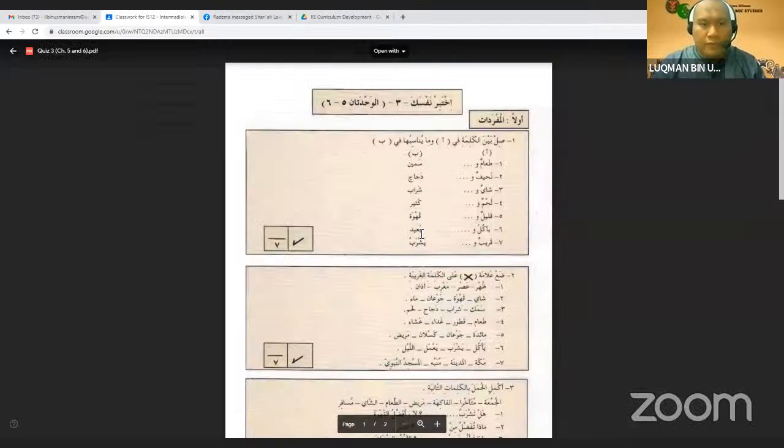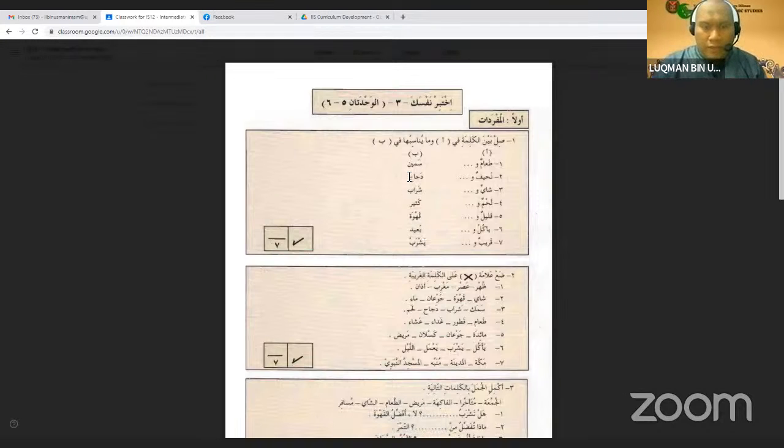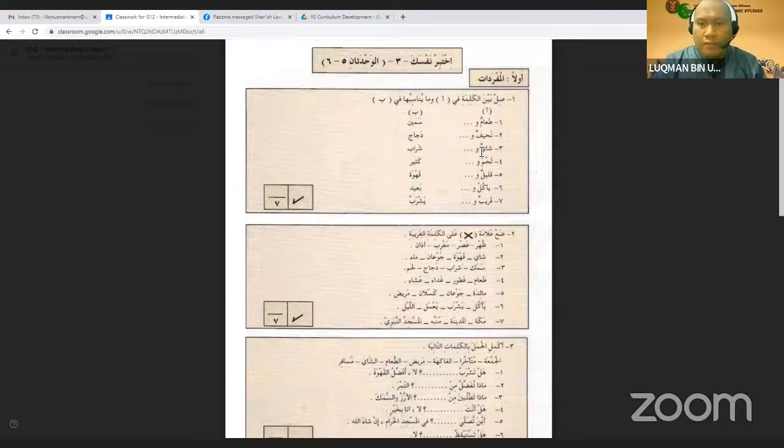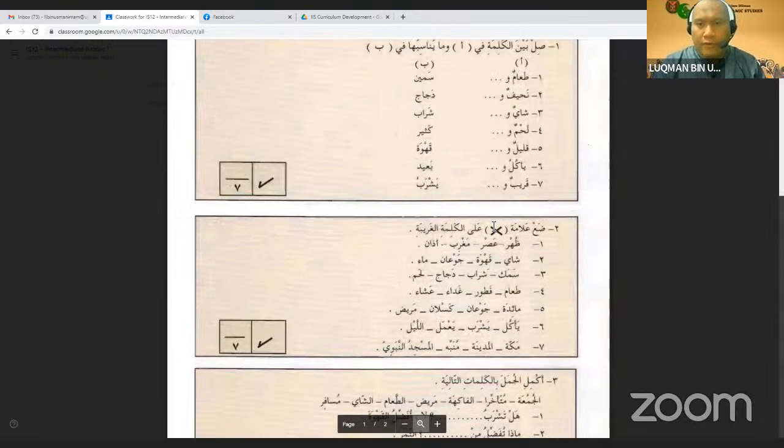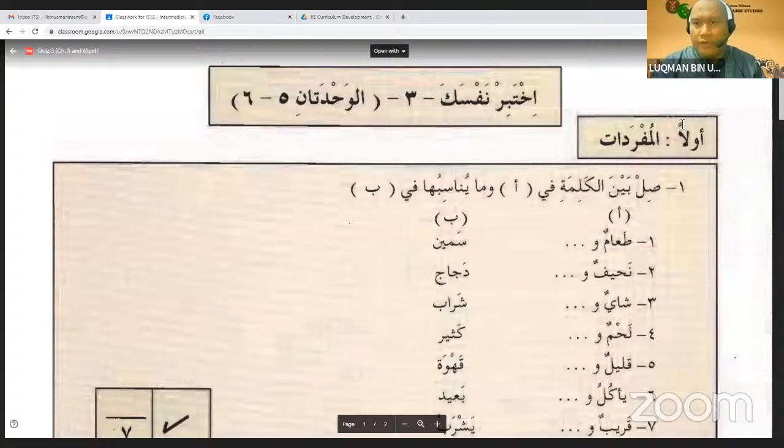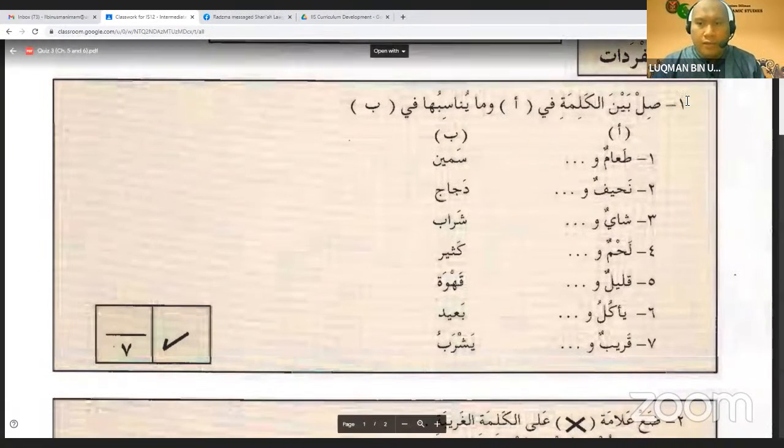Okay, so this is quiz number 3, and it covers chapters 5 to 6, the fifth and sixth units. First, vocabulary. Part 1, vocabulary.